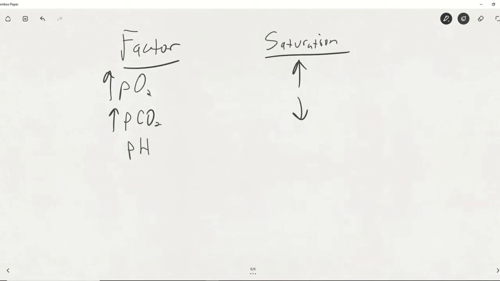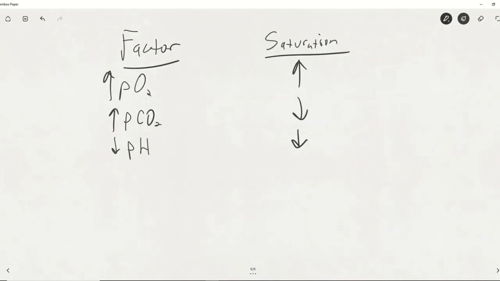When there are more hydrogen ions, when H plus is up, pH goes down. The more H plus there is, the lower the pH. And when pH goes down, saturation goes down. So let's explain this a couple of different ways.